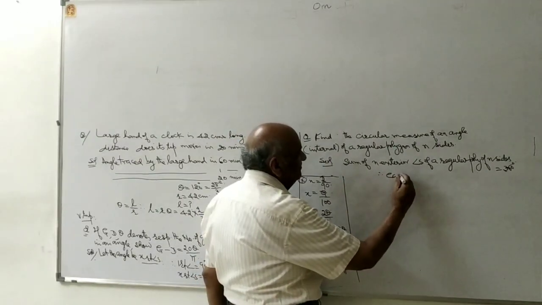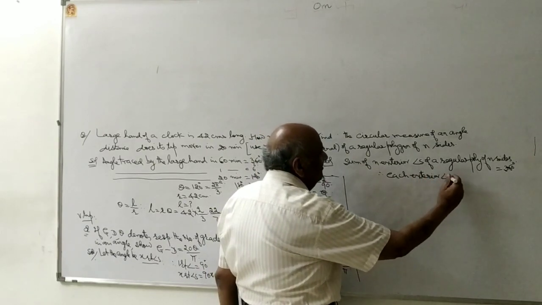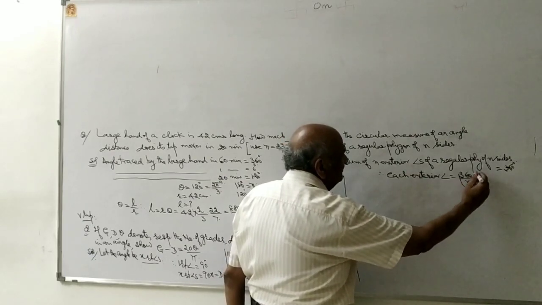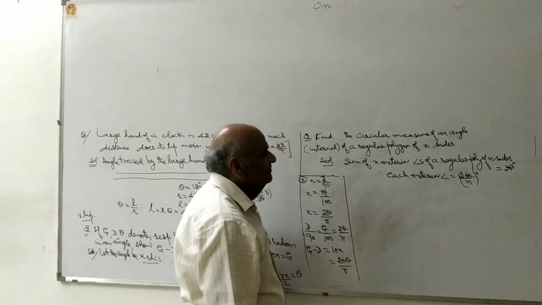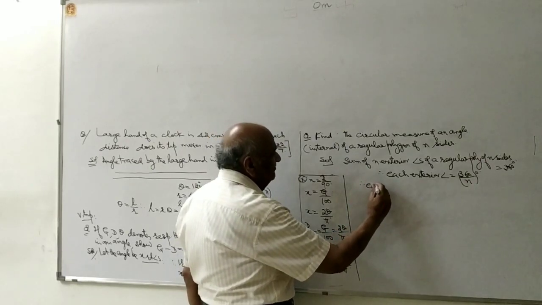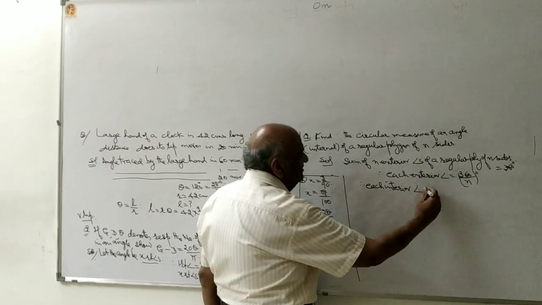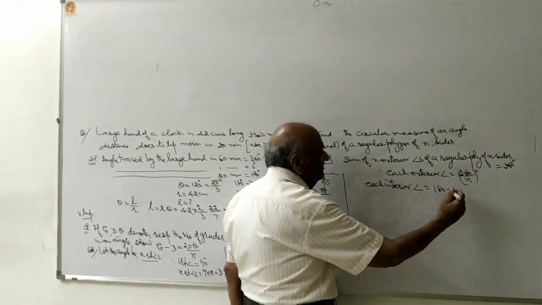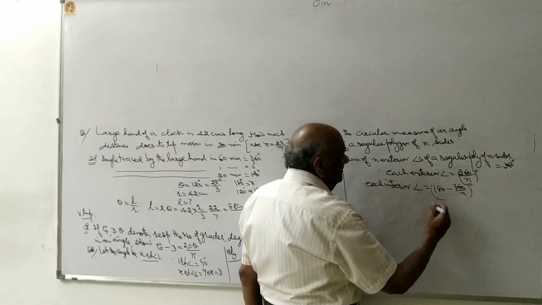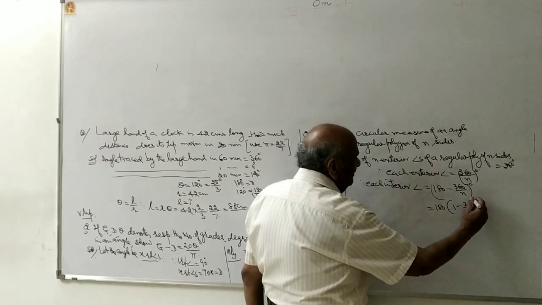Therefore, each exterior angle is 360 upon n degrees, and therefore each interior angle is 180 minus 360 upon n degrees. That is 180 outside, 1 minus 2 upon n degrees.